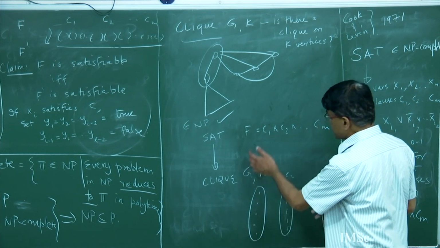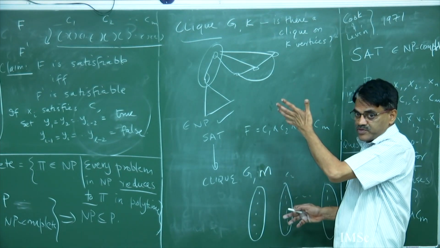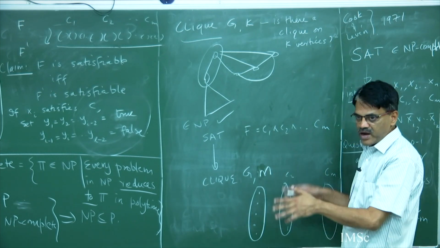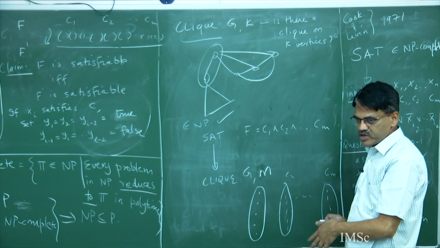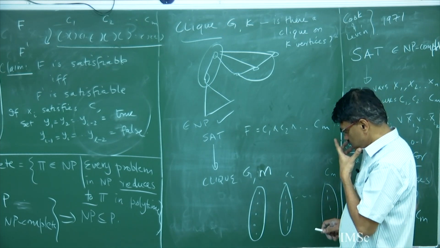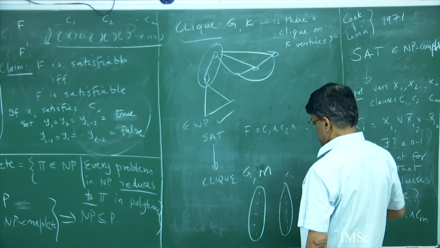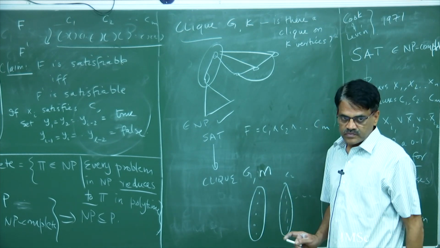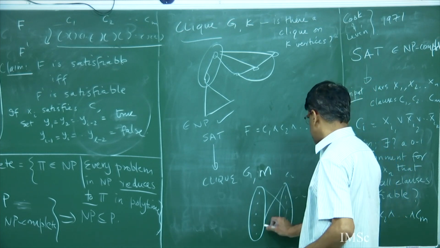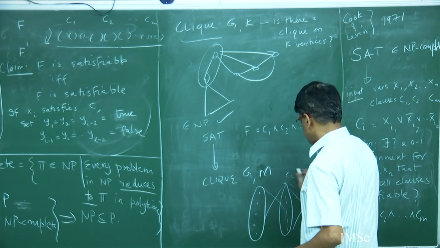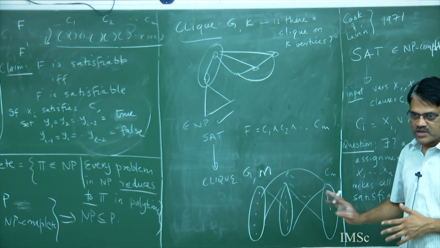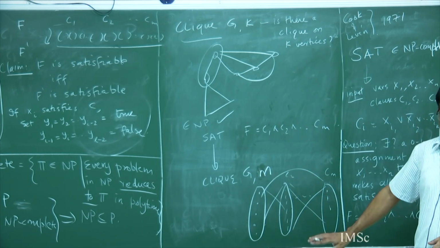Some of these variables are the same, so this will be x1, this would be x1, this could be x1 also, but it does not matter. I am going to make a separate copy for each one of them. And let me draw all edges across, to start with. That is my G. It will not be the final G, I will do something to it, but let us try this as a first attempt.